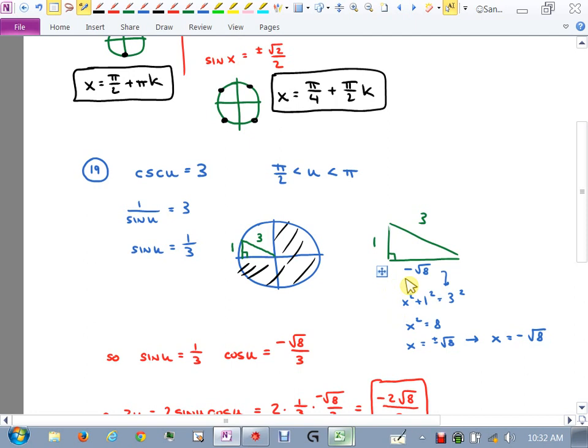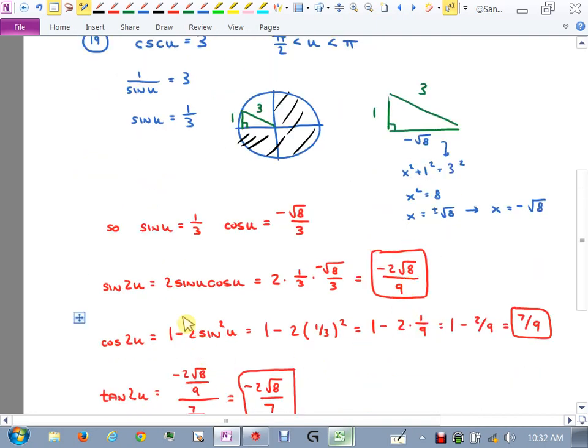Because I'm in the second quadrant. The x-coordinate of that triangle must be negative. So what that allows me to do is get my two basic trig functions for that angle. Sine of the angle is 1/3, I knew that. And then cosine of the angle would be adjacent over hypotenuse. Are there any questions on that?